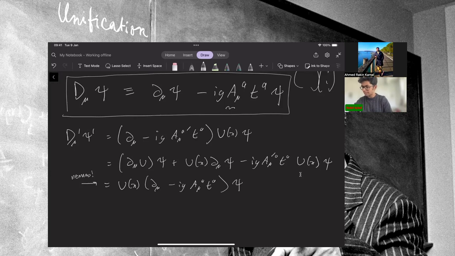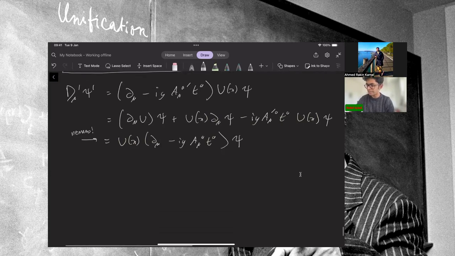Some terms look similar. This term is the same as this term. But there's a crucial difference: the U is on the right-hand side of the T in the top line, and on the left-hand side of the T in the bottom line. Because this is non-abelian, they don't commute anymore. In the abelian case, I just took this through without worrying about it, but now I can't do that anymore. So we find a slightly more complicated expression.